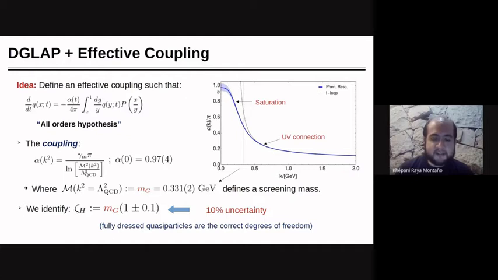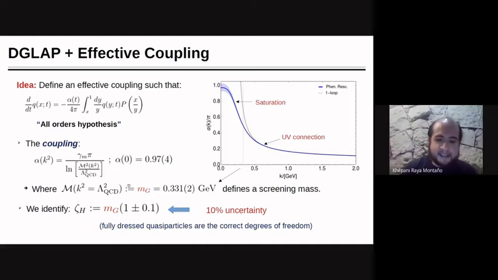We capture the saturation in the infrared. We capture the connection with the one loop coupling in the ultraviolet. And if we take this profile function n, which ensures this, and evaluate where the pole is supposed to be for the one loop, we get a mass of 0.33 GeV, and this is a screening mass that will determine the transition between the domains, infrared and ultraviolet.